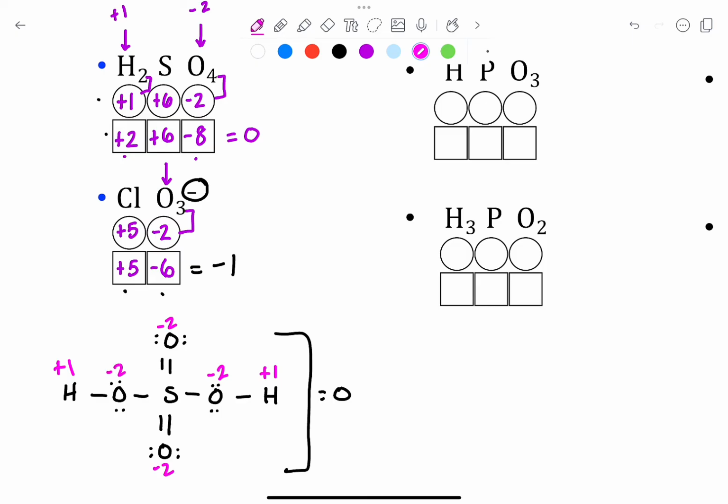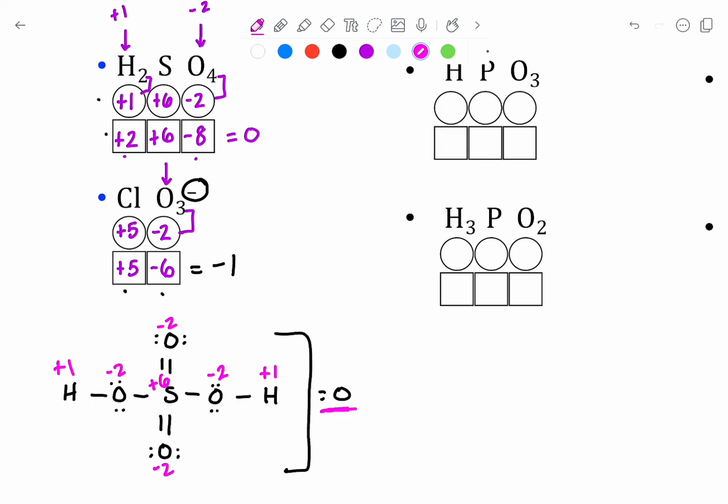So we have to account for all 4 of those individual atoms in the molecule because they all contribute to the overall charge of 0. Therefore, sulfur has to have an oxidation number of +6 in order for all of these oxidation numbers to cancel out and we get an overall charge of 0.